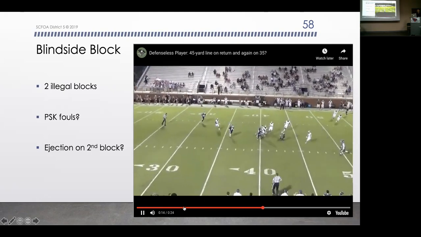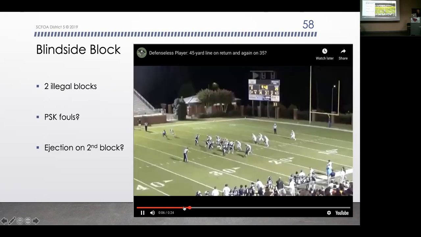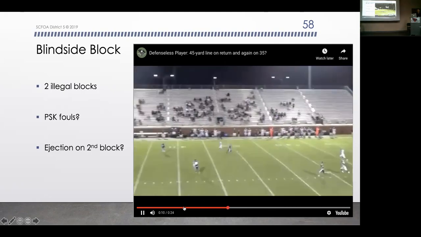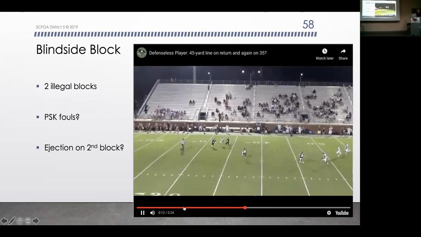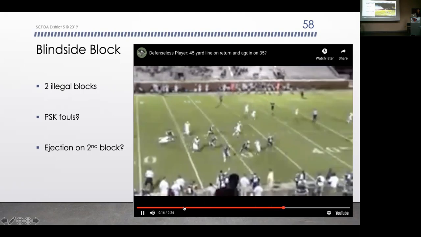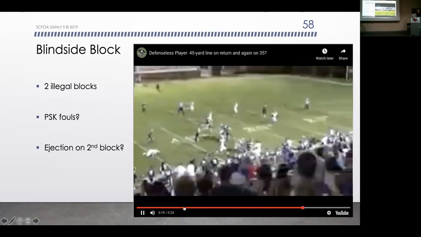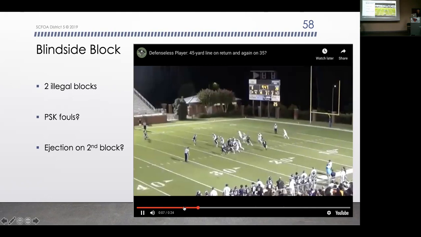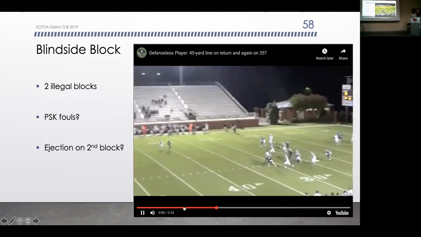All right, so let's talk about that guy down here. Why does the first illegal block get missed? He's busy doing something else. He's looking over here, and he misses that right there in front of him.